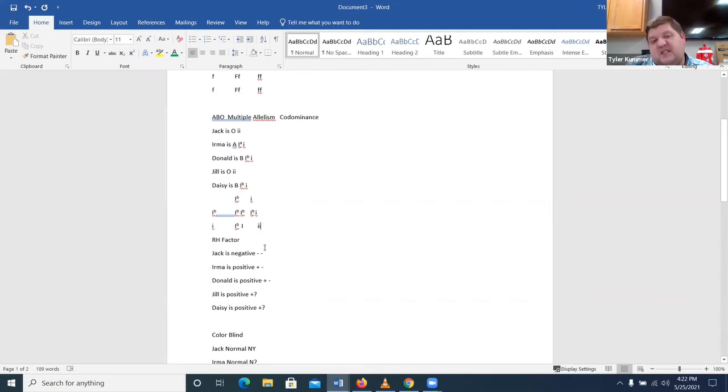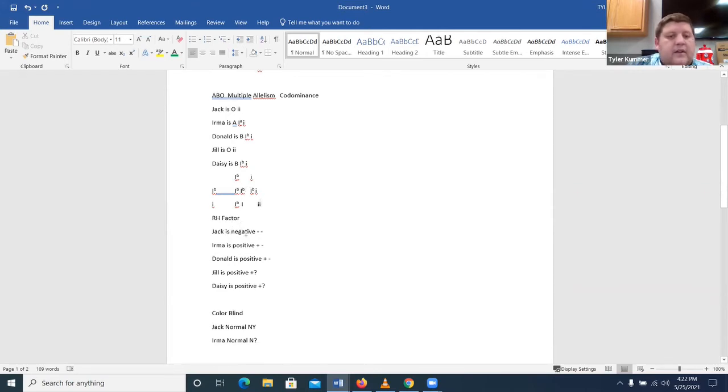We could also use the terminology for phenotype, right? So in this case, 1 out of 4 would be type O blood, and 3 out of 4 would be type B blood. So you can use that terminology if you prefer.